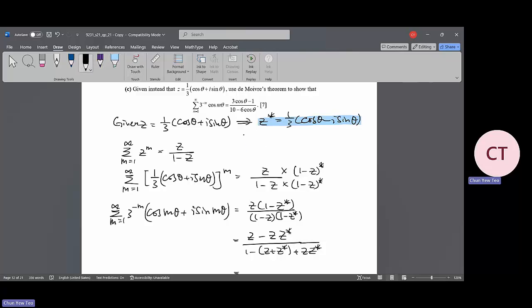Then z plus z conjugate will be 2 over 3 cos theta. You need to show this result. And z multiplied by z conjugate will be 1 over 9 only. So you need to highlight these two results.